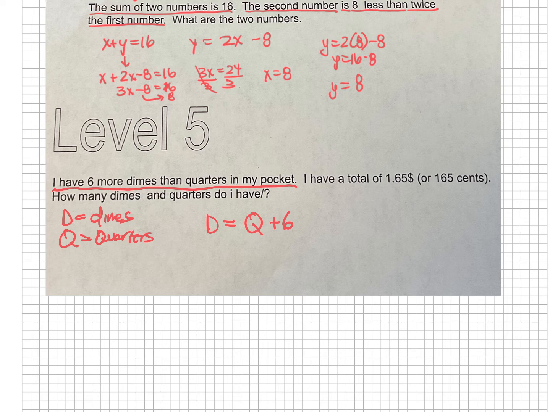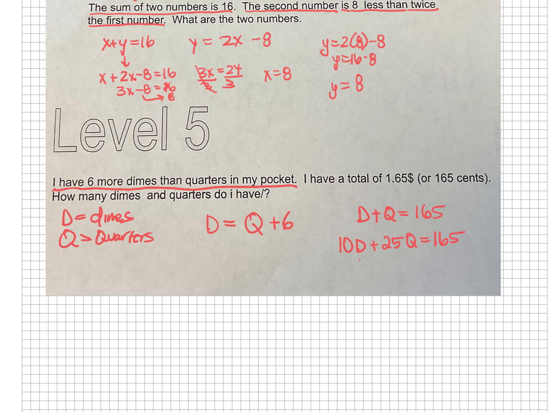So dimes equals quarters plus 6, and I have a total of $1.65. So some people were saying D plus Q equals 165, but that's the number of coins, not the cents. To get the cents, we have to multiply the number of coins we have by how many cents they are. So I get 10 cents for every dime plus 25 cents for every quarter equals $1.65.